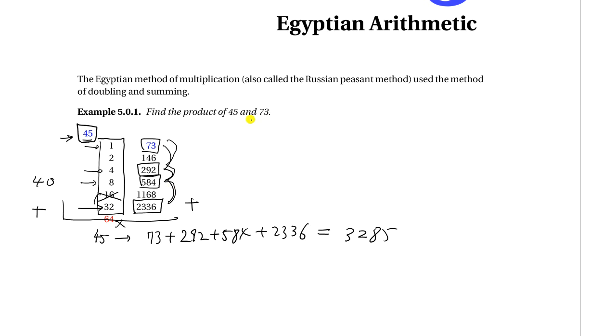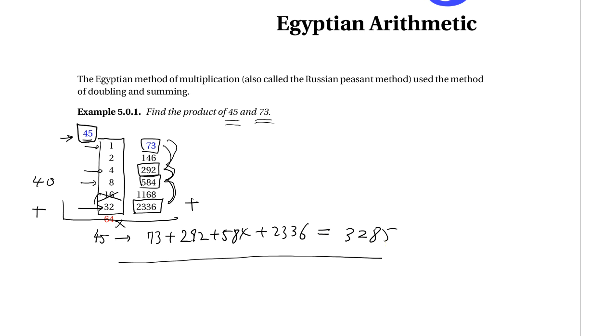But if you just imagine taking the multiplication of 45 and 73 with their own system, then this is a really, really simple calculation for them, right? So whoever invented this method is a really clever person, okay? Or maybe the efforts of several people. But anyway, this is how they calculated multiplication in that time period.